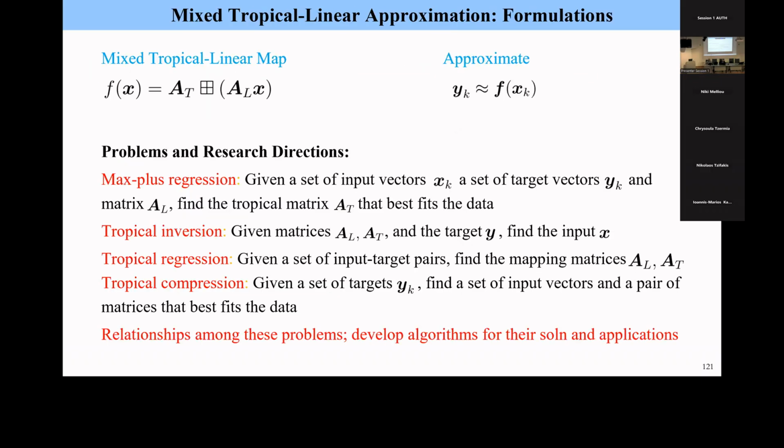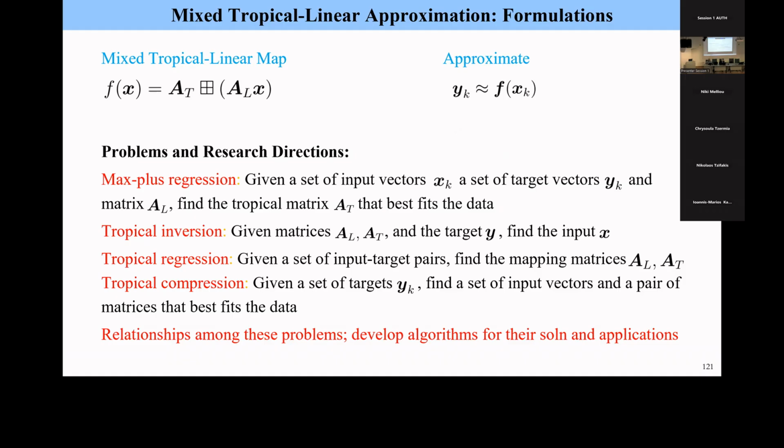And there's a variety of interesting problems to solve here. We have identified at least 4 problems. One of them is max plus regression, for which I will talk later on. The problem of tropical inversion, where we are given the two matrices, we are given the target output, and we want to find the input by minimizing some kind of error function.